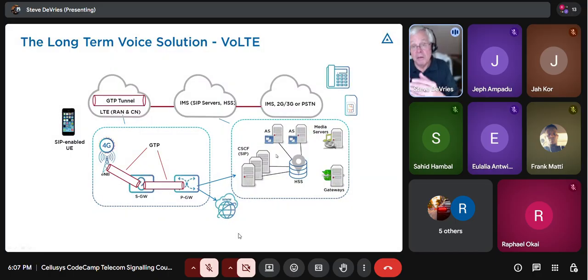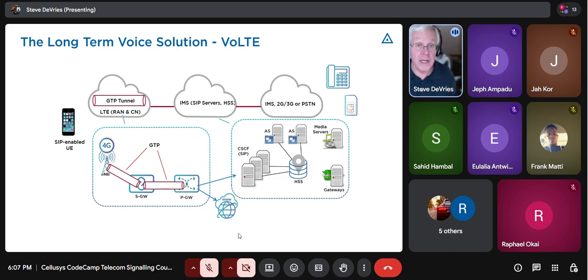This network now can handle voice over IP calls, or it can connect you to a circuit switched call also. So if you want to terminate at a network that's only circuit switched, the IP multimedia subsystem can do that.